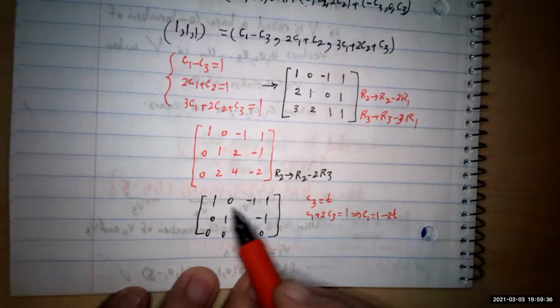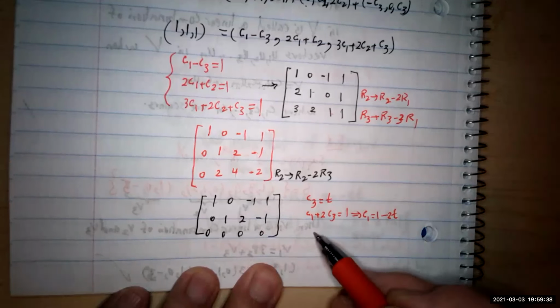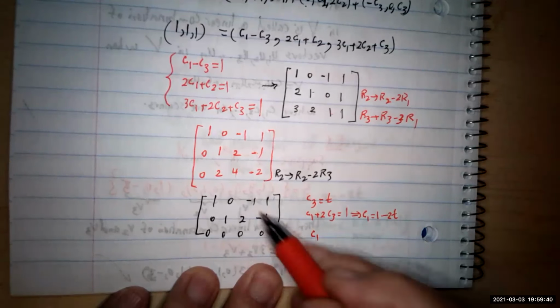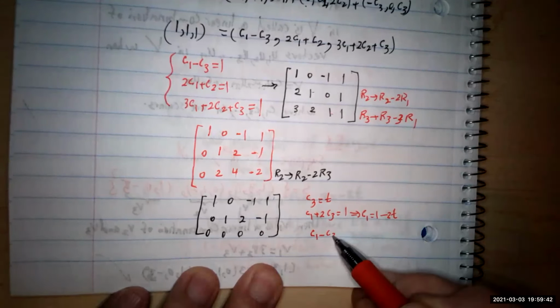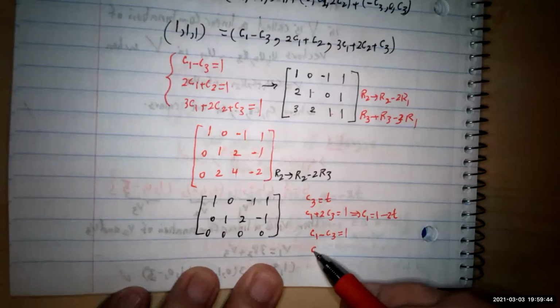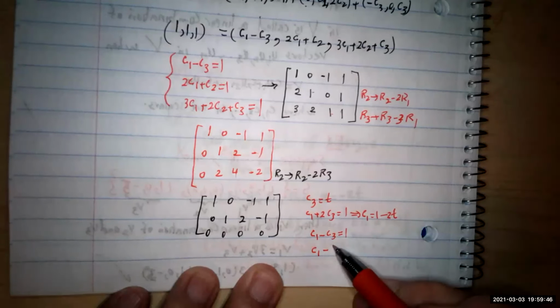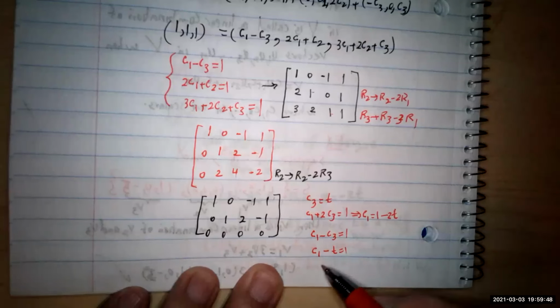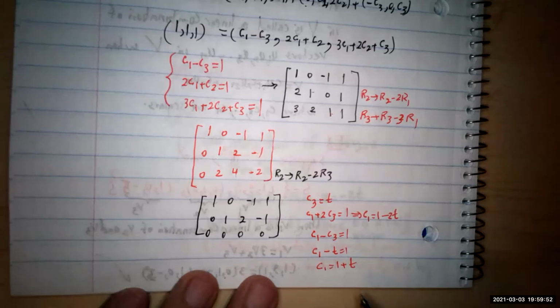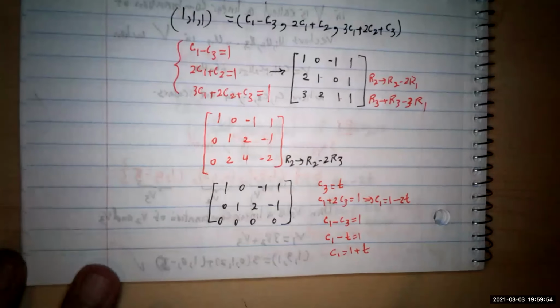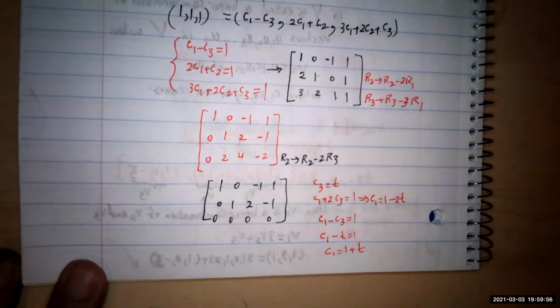Okay, and the first one gives you C1 minus C3 equal to 1. So C1 minus T equal to 1. So the C1 would be 1 plus T. Okay, so this is the situation you're going to have.